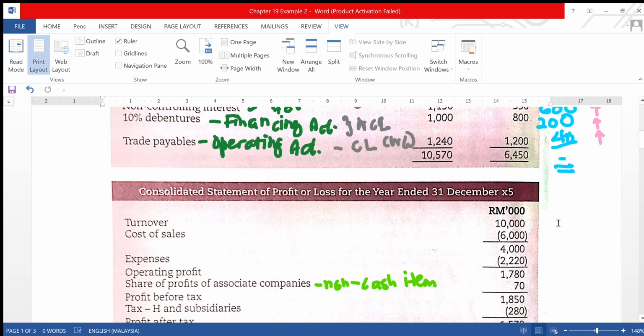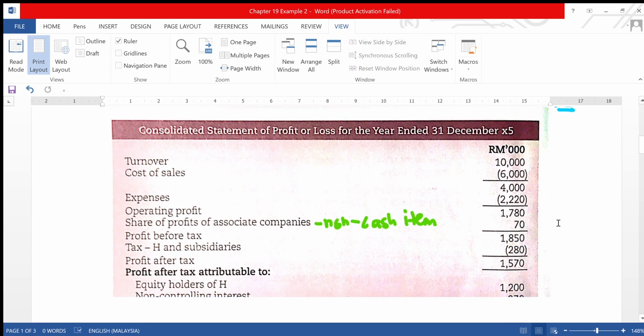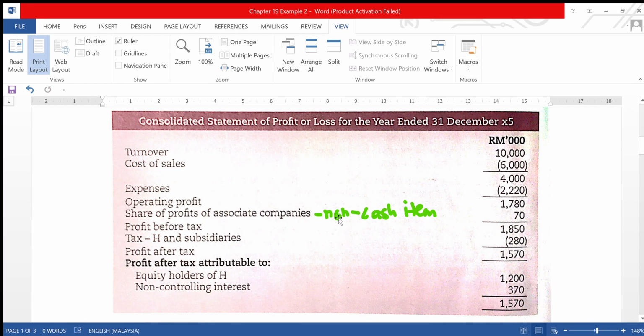Okay, hopefully. And then I go on to analyze the statement of profit and loss for any non-cash item, and from this I found share of profit of associate. It is actually a non-cash item because, as we discussed before, it doesn't reflect cash.